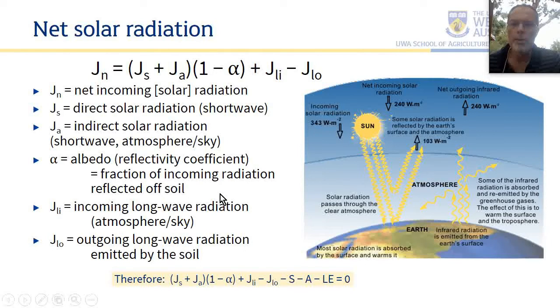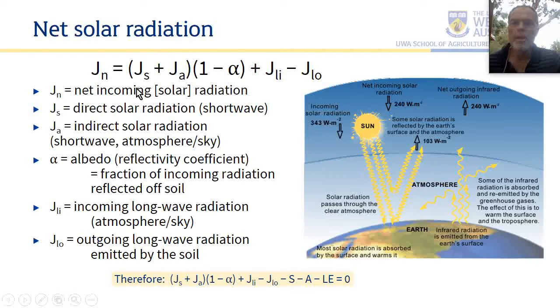And then there is the incoming long wave radiation in the infrared or longer wavelengths, and also we notice there's a minus sign here for the radiation emission from the soil itself, because soil which is heated up by absorption of shorter wavelength radiation can emit longer wavelength radiation as it cools down, and that's something that needs to be considered as well.